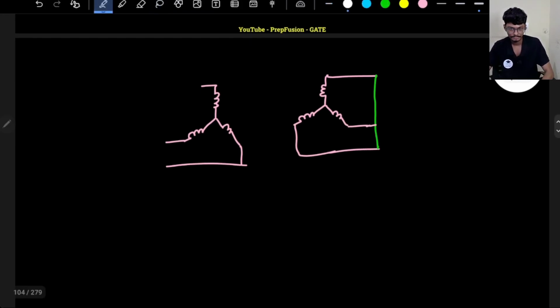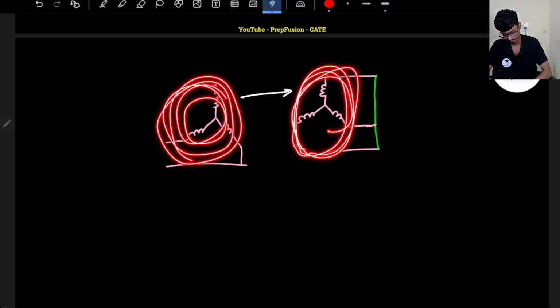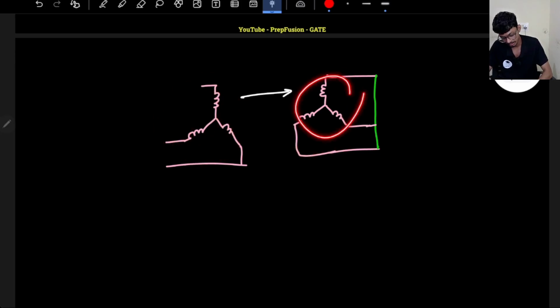I can say that if I am applying the positive balanced supply, here some positive sequence EMF will be generated. If I am applying a negative balanced supply here, what will be the EMF induced? It will be negative. Okay.